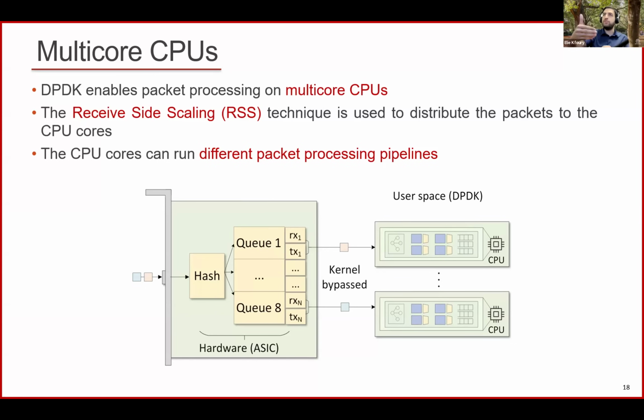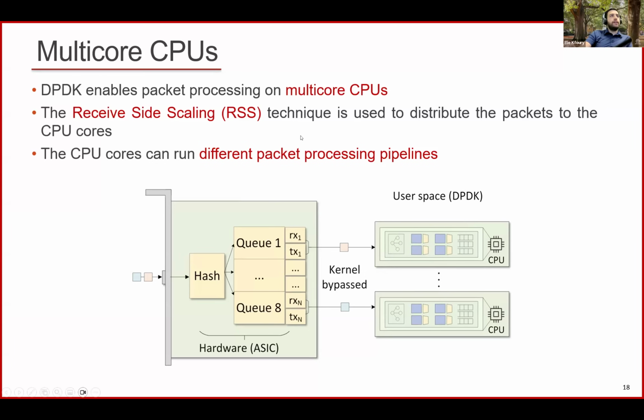And that would allow us to have even better performance. And not only that, you can have different types of pipelines of packet execution on these CPU cores. You don't have to have the same one on all the CPU cores. So all of these are techniques, again, just to make the packet processing faster.